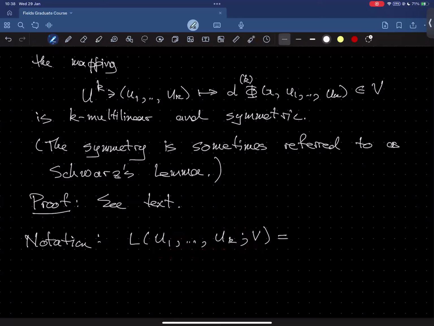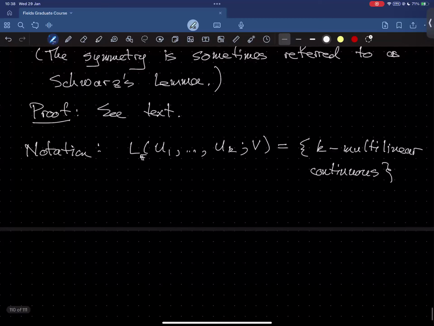This is the set of k multilinear continuous mappings. All right, so that's the notation. And I'll try to remember to put an F there to emphasize the fact that we're talking about possibly real or complex things.